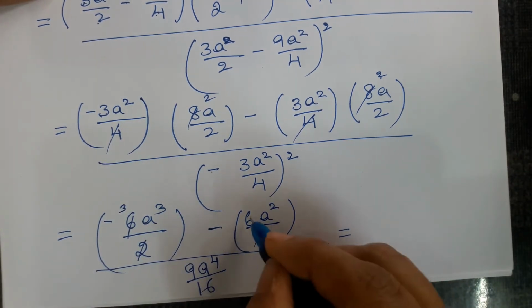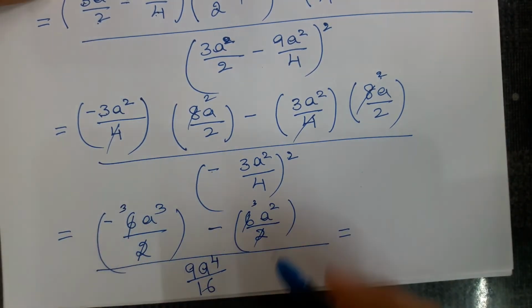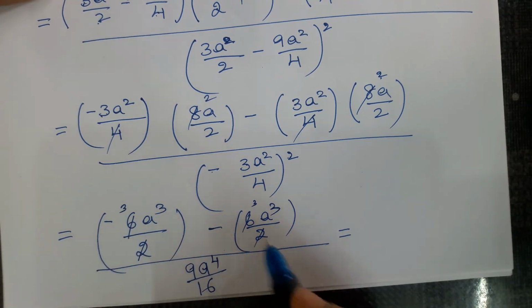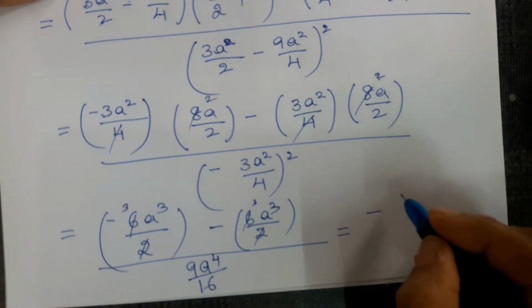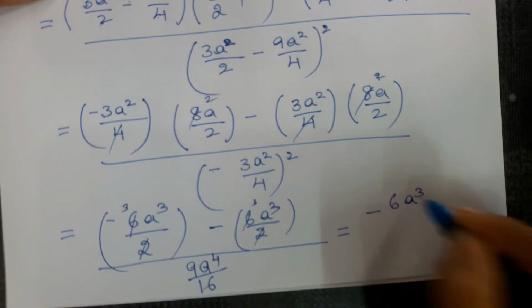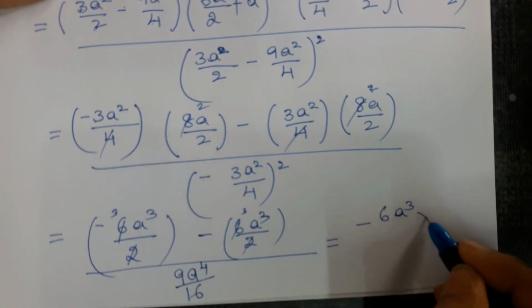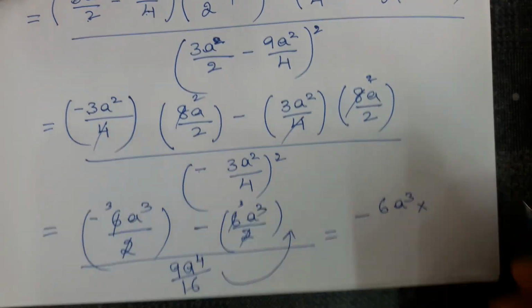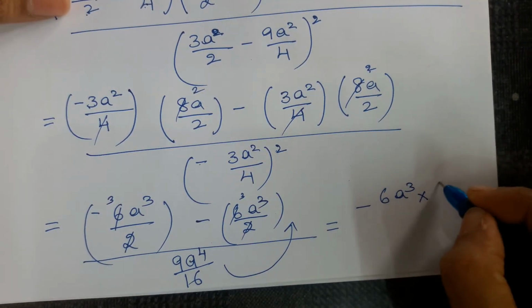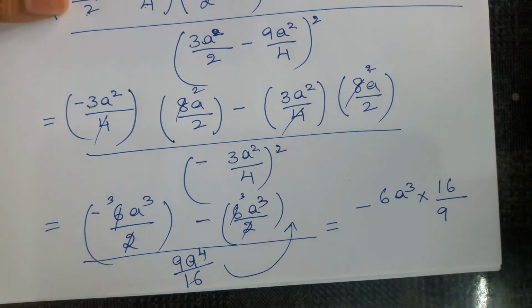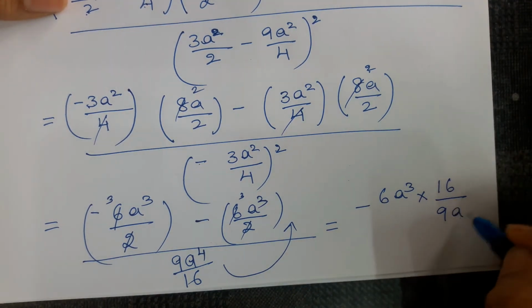Minus 3a cube is minus 6a cube. Minus 6a cube into this, if I bring it to the numerator, 16 by 9, a to the power of 4.